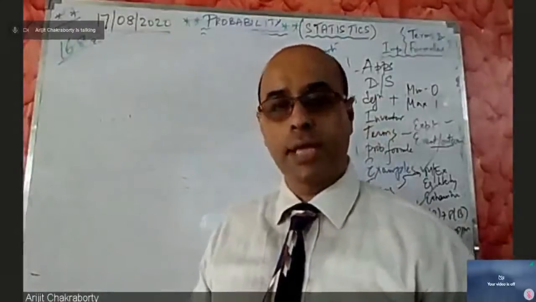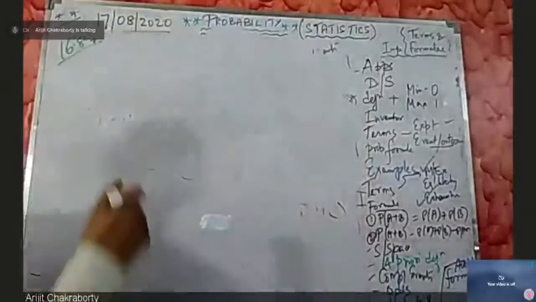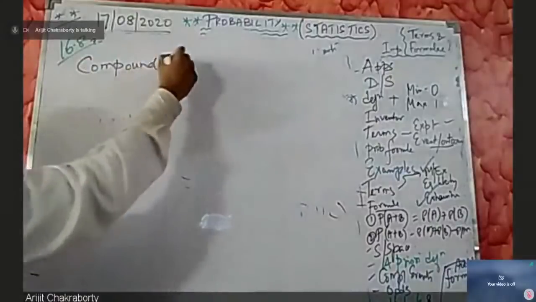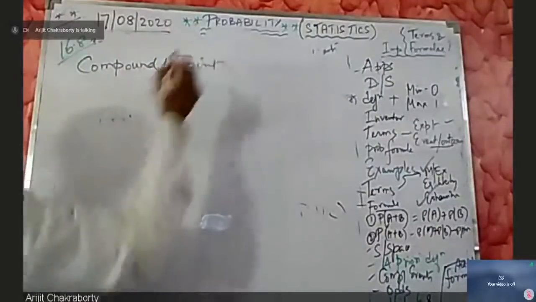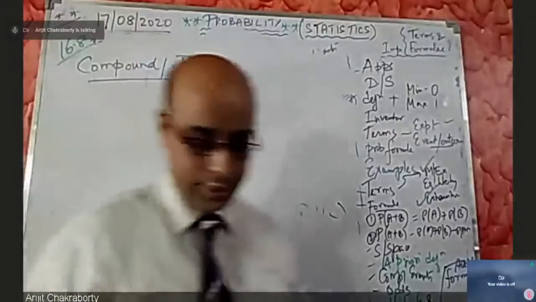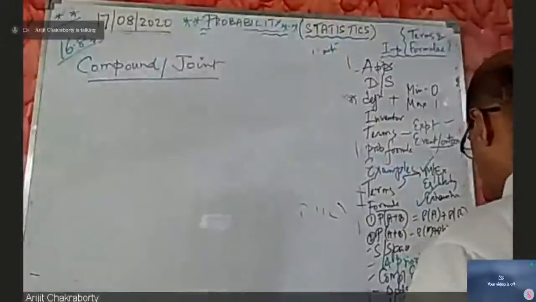We take two further examples: compound probability, also called joint probability, and we will also take what is conditional probability. So first let us take compound probability.